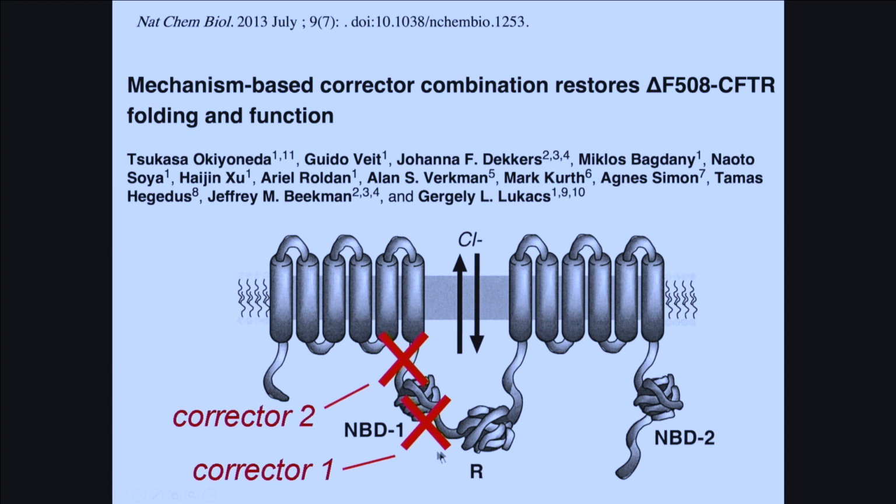One might be the folding of this nucleotide binding fold 1, where the delta F is located, and a second might be the interaction of this domain with the membrane-spanning domains of CFTR. And so if one corrector worked on one of these defects, a second on the other, there may be synergy or at least an additive effect of the two correctors.